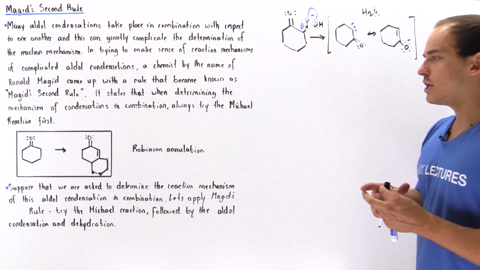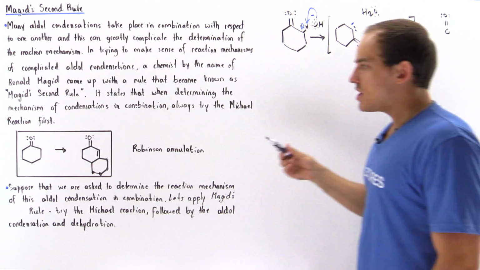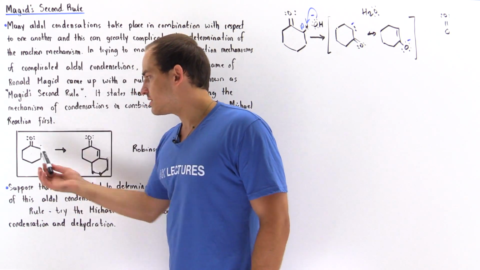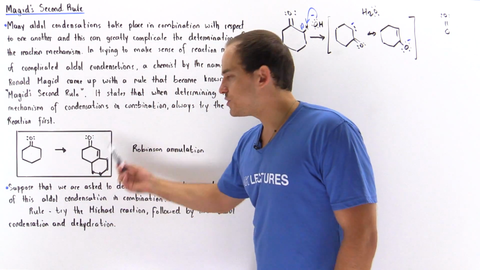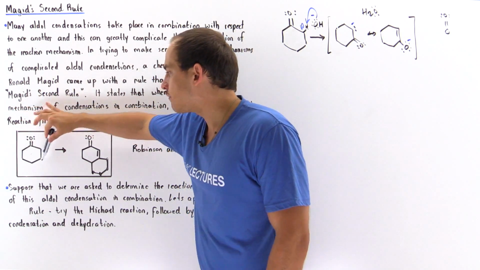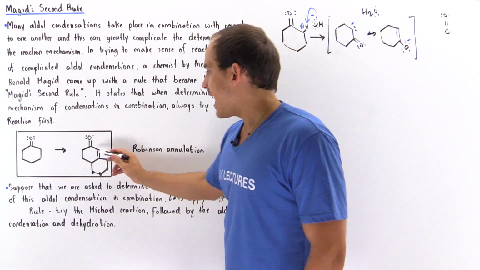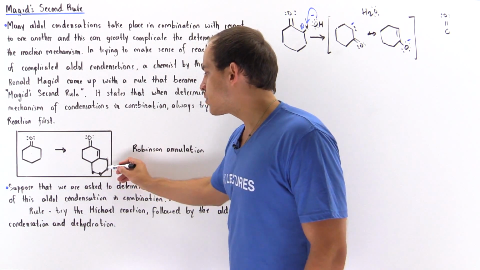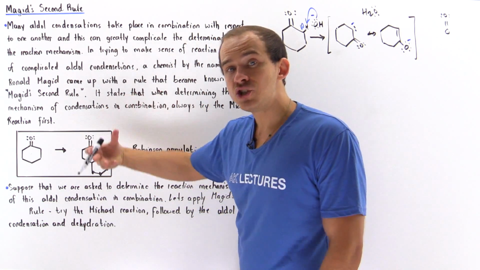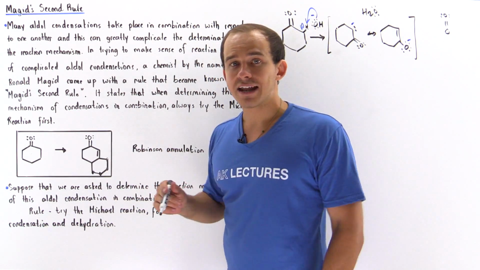Now, the question is, what type of carbonyl molecule should we actually use? Well, basically, we want to go from a single 6-member ring to 2 6-member rings. And notice that here we have 6 carbon atoms, and here we have 1, 2, 3, 4 additional carbon atoms. Altogether, we have 10 carbon atoms.